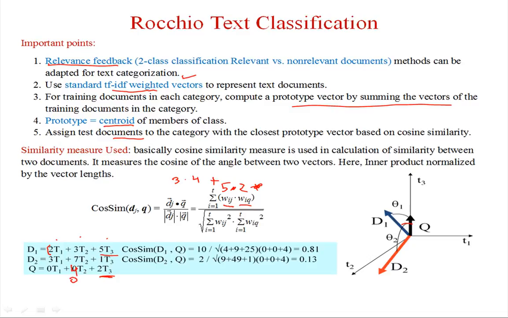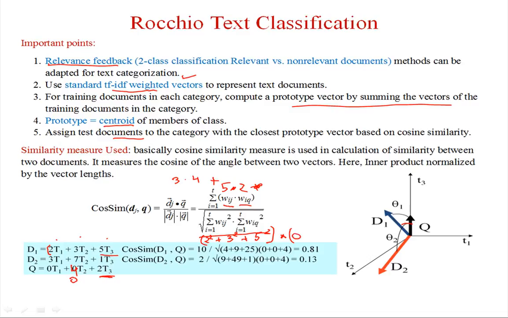Now the denominator part: wij whole square means the term frequency scores squared for all terms. For example, here it will be 2 square plus 3 square plus 5 square, into wiq whole square, as it is 0, 0 and only 2.